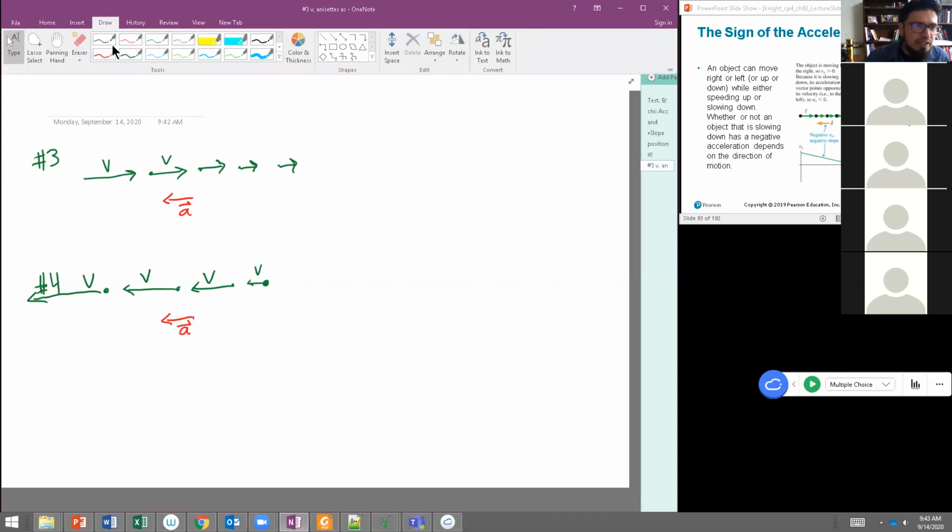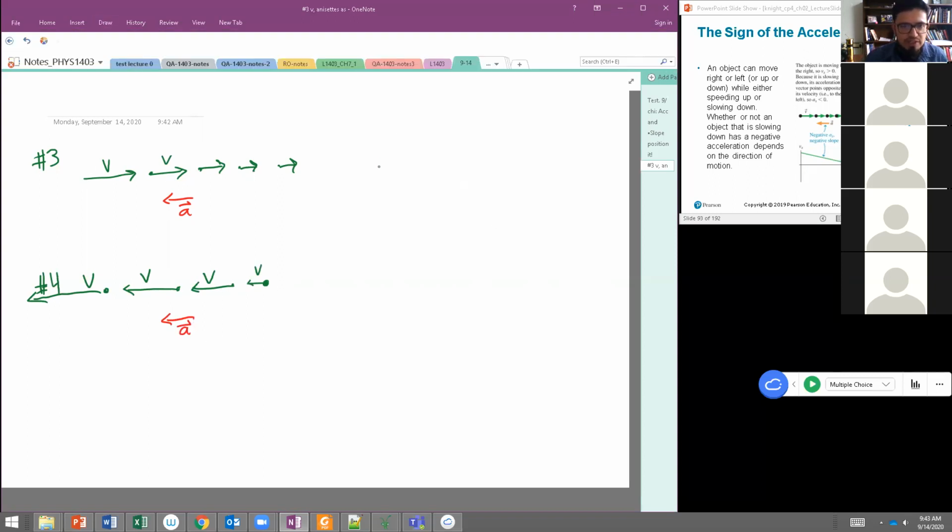And then you'd get similar types of graphs. The idea is you're going to have the same slope in both cases. In the first case, velocity versus time, you start off highly positive, and then you're less positive, less positive, less positive, and starting to approach 0.